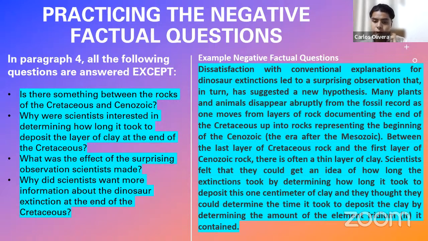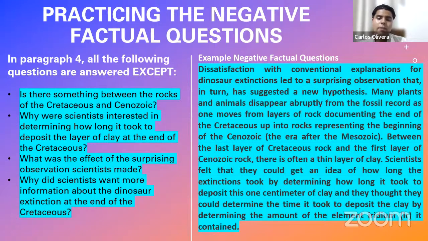Between the last layer of Cretaceous rock and the first layer of Cenozoic rock, there is often a thin layer of clay. Scientists felt that they could get an idea of how long the extinctions took by determining how long it took to deposit this 1 centimeter of clay, and they thought they could determine the time it took to deposit the clay by determining the amount of the element iridium it contained.